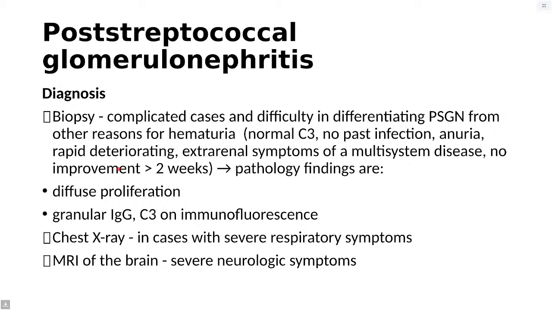And pathology findings are diffuse proliferation and granular IgG and C3 on immunofluorescence. It's possible to perform chest X-ray in cases with severe respiratory symptoms, and MRI of the brain when the child has severe neurologic symptoms.